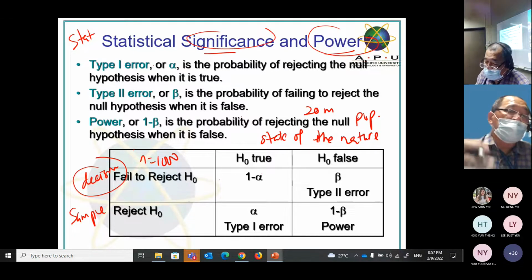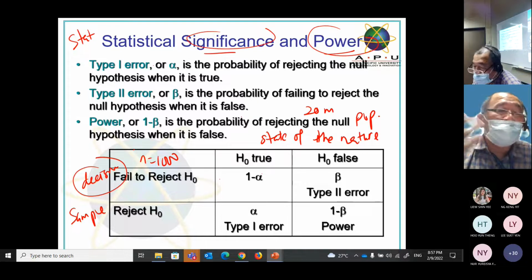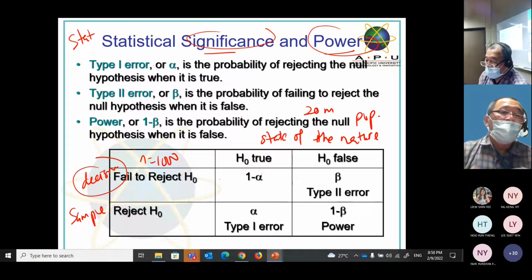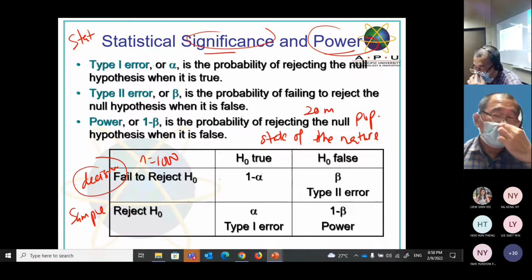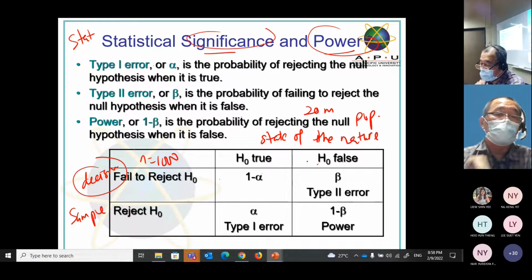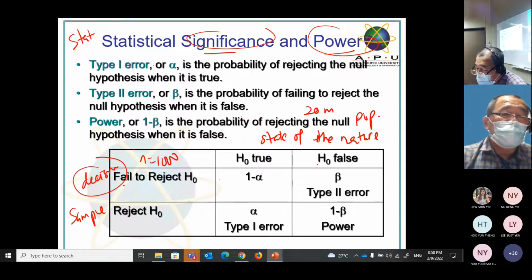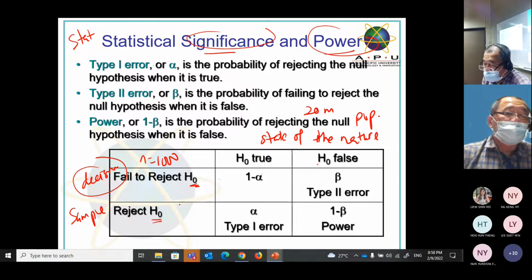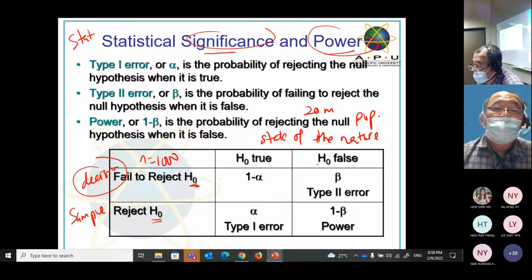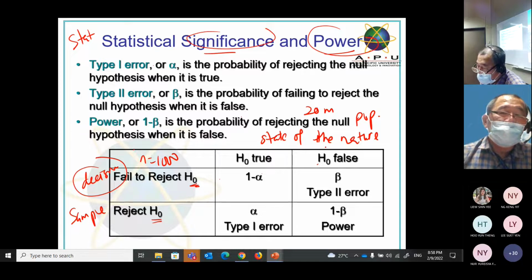We can try our best, but we are still subject to some error. The decision can be fail to reject the null hypothesis, or reject the null hypothesis. And the state of nature: the null is true, or the null is false.